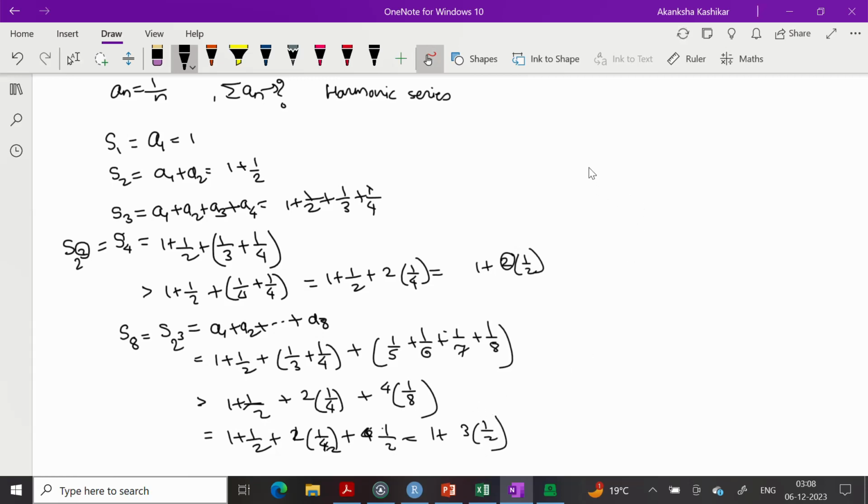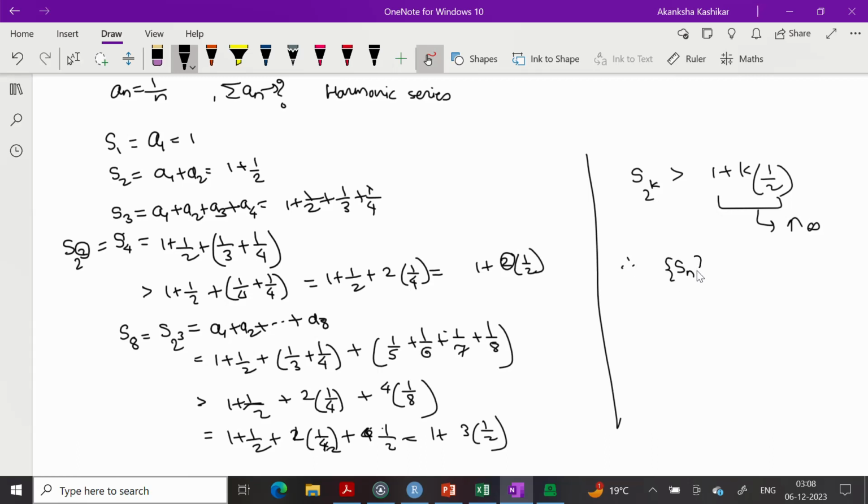So what we are saying in general is S2 raised to k is greater than 1 plus k times half, and we know k belongs to n, so this diverges to infinity, and as a result S2 raised to k is always larger than whatever number you want to make it large.